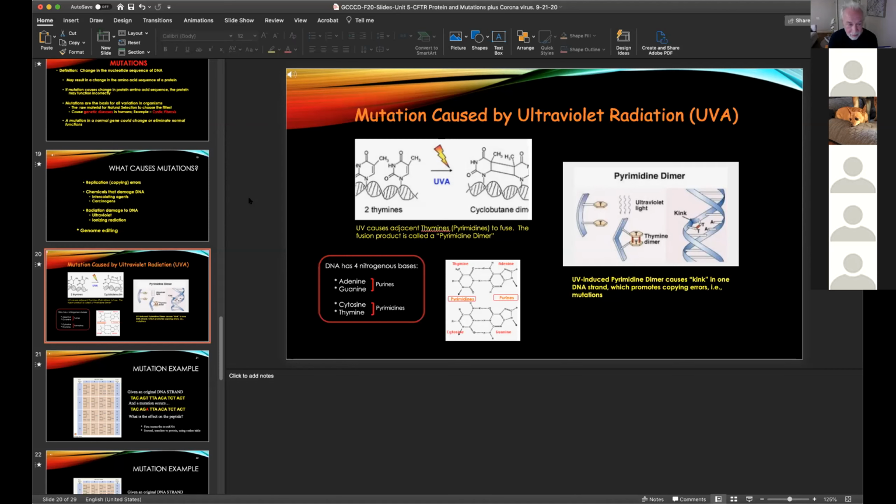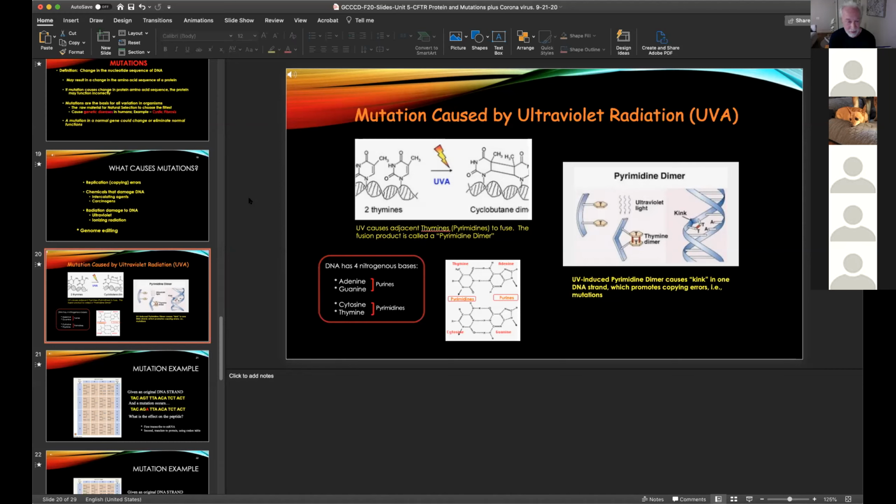And above, you can see two thymines on a DNA chain, and they're adjacent to each other. Now, if UV light strikes that DNA, it can cause a bond to form between those two thymines.